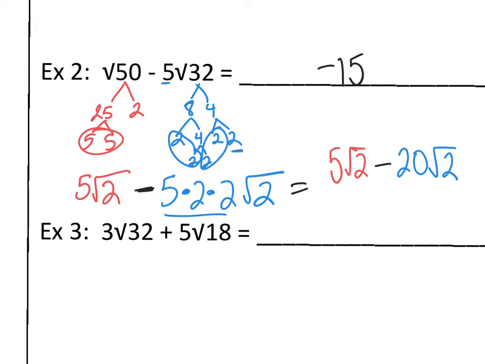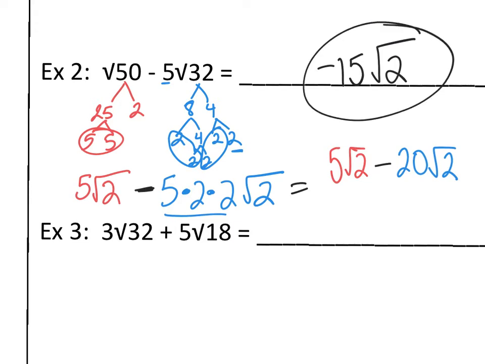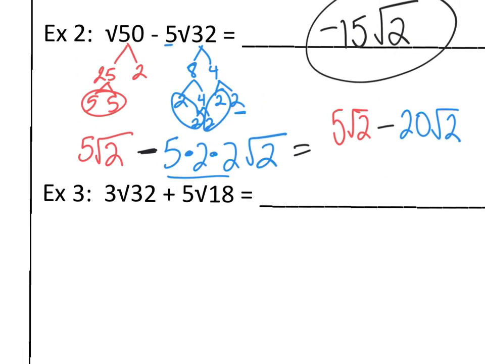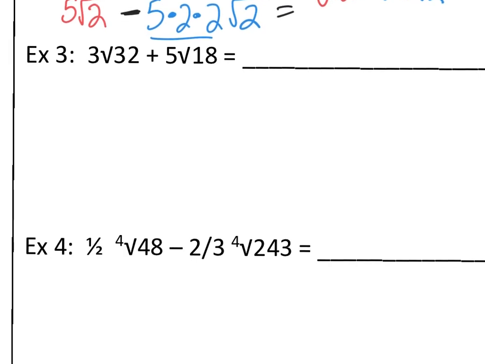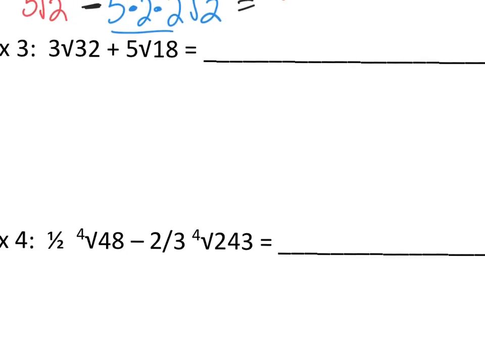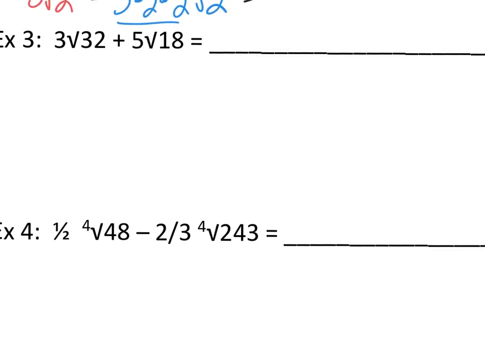Negative 15 square root of 2. And if you're multiplying, that'd be square root of 4. We're not there yet. We're just adding and subtracting right now. We'll get to multiplication here in a second. Any questions on that one? Okay. Number 3. Go ahead and try number 3.